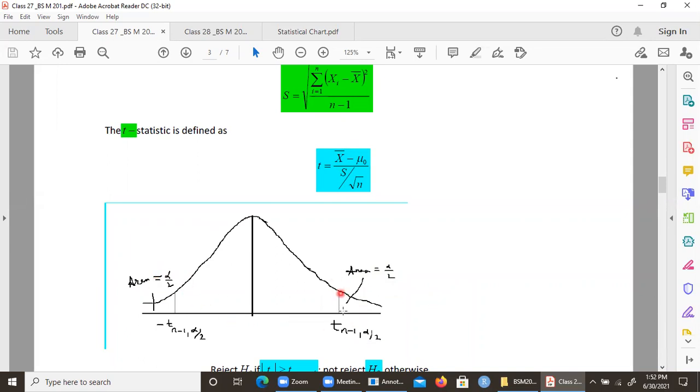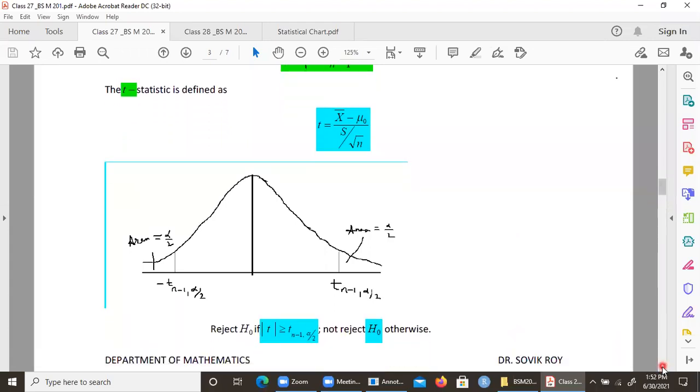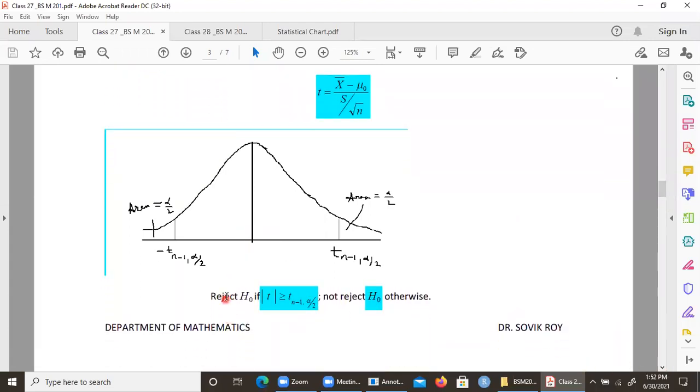I have denoted this point by T n minus 1 alpha by 2, and this as minus T n minus 1 alpha by 2, since it is a two-tailed test. And the criterion is that you are going to reject your null hypothesis when the modulus of this T is greater than or equal to the tabulated value of T at these degrees of freedom and at the level of significance alpha. Otherwise, we are not going to reject the null hypothesis.